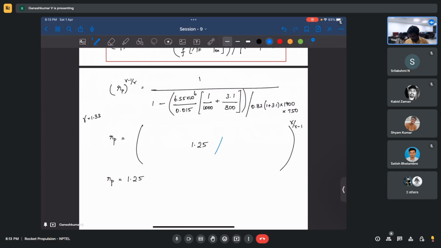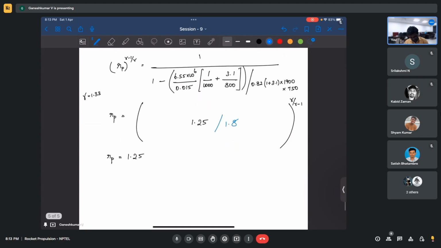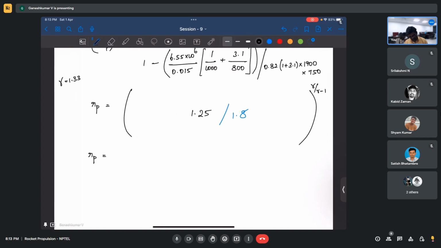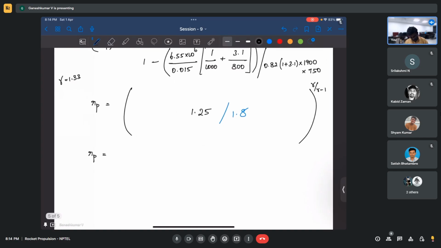I am getting 1.7 to 1.8. And which are you getting?